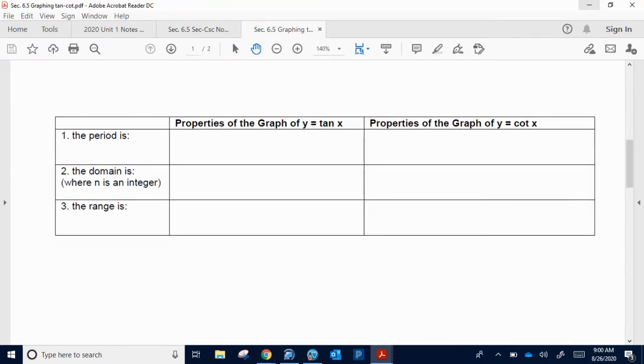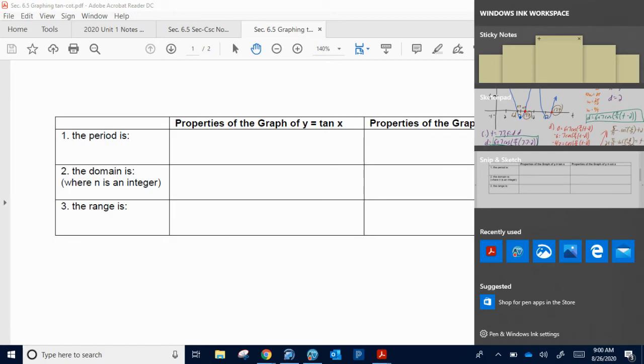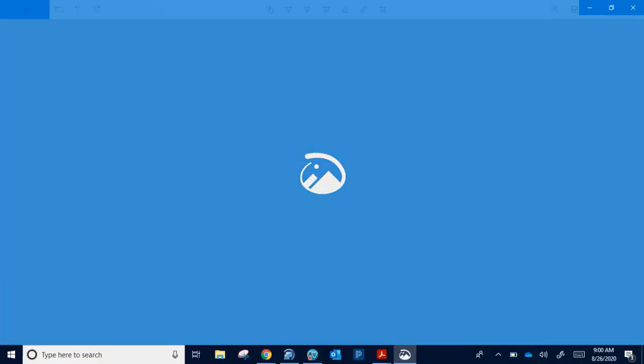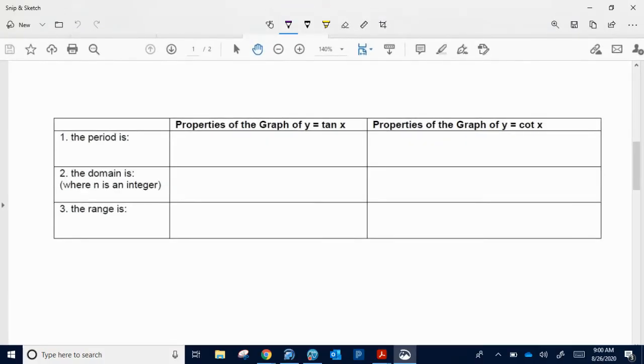Ideas on this, properties of these two functions. We've already laid out the period, a normal tangent cotangent curve. The period is pi. The range on both of those, it's not inhibited at all with the y values. So it's all real numbers for tangent and cotangent.